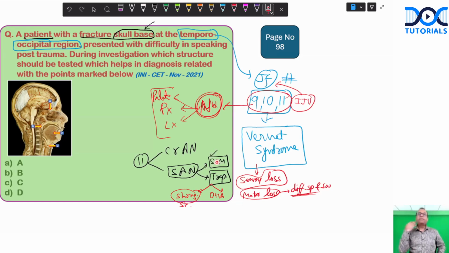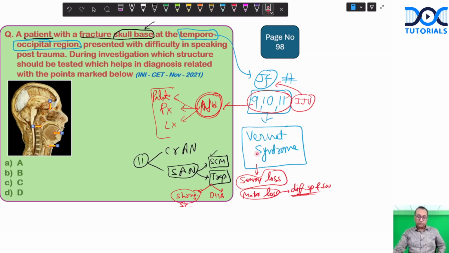If the lesion is on the right side, the patient cannot turn the neck to the opposite side. Sternomastoid is not working, trapezius is not working, so there is difficulty shrugging the shoulder, and in overhead abduction also. For overhead abduction, trapezius works with serratus anterior. It will be a problem. All those could be features of Vernet syndrome.